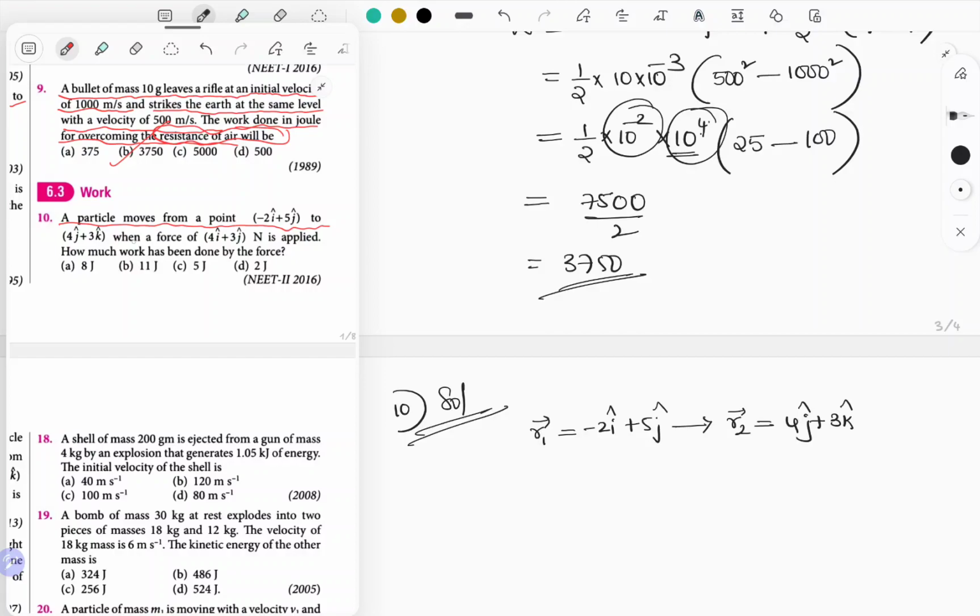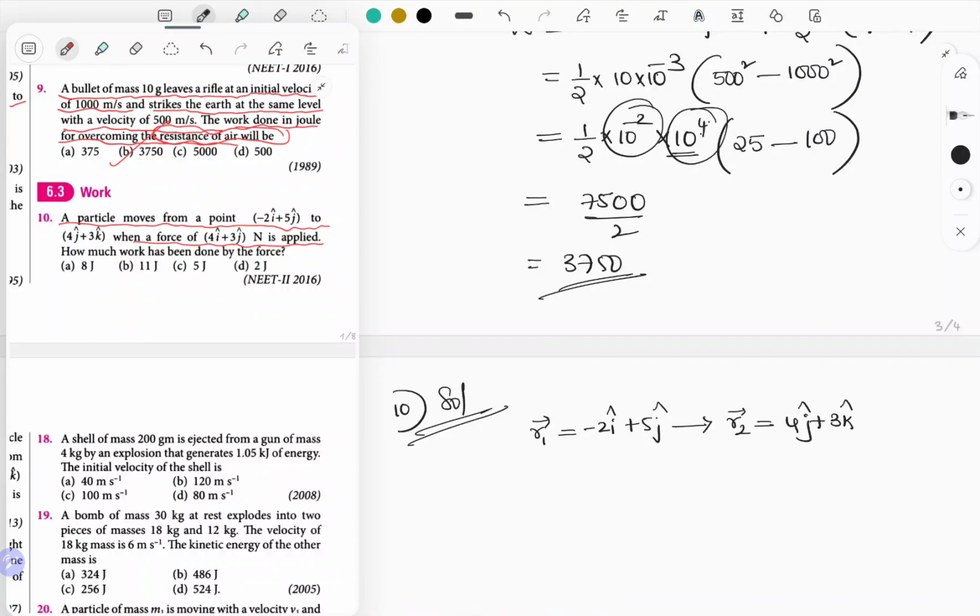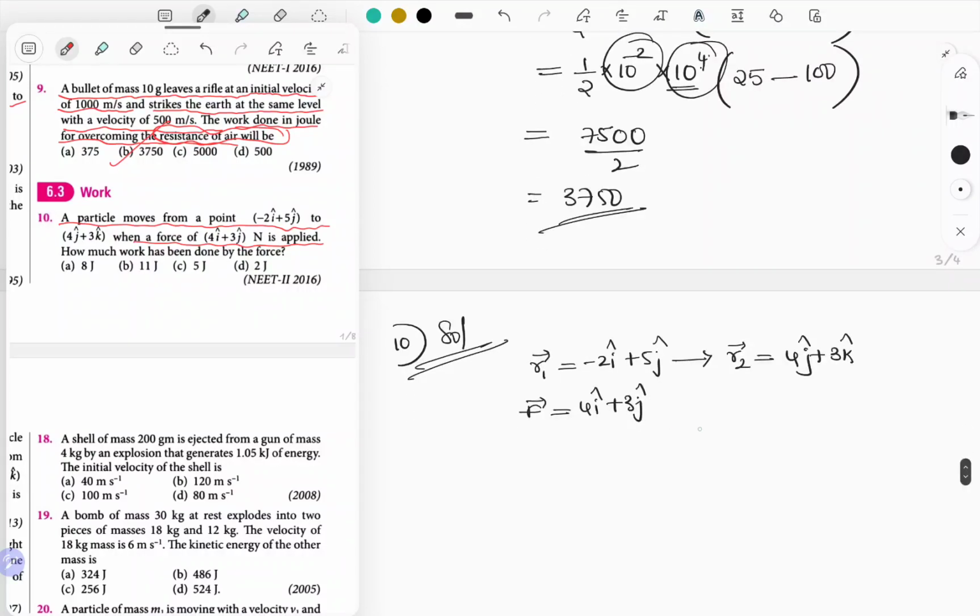Now a force of 4i cap plus 3j cap is applied, and they are asking how much work is done here. The general formula for work done is work done equals F bar dot s bar. This formula is applicable if the force is constant.